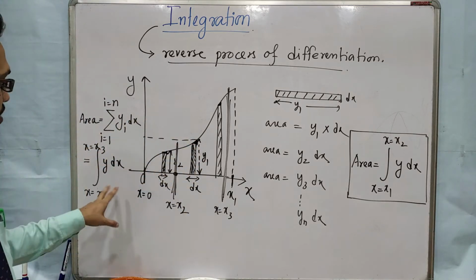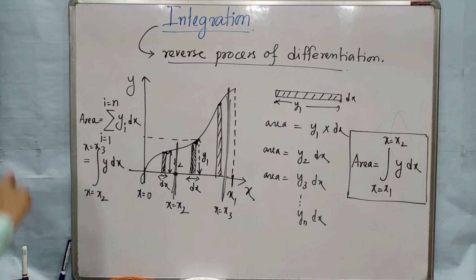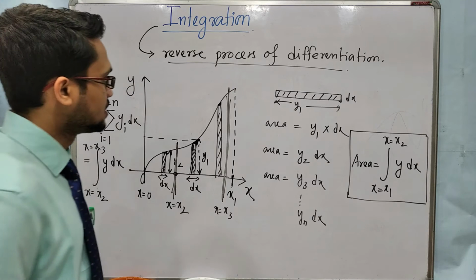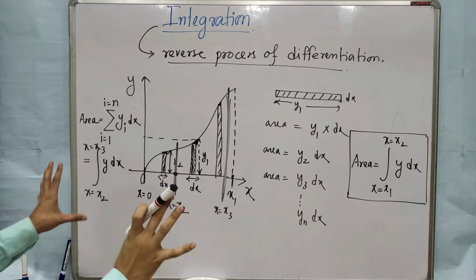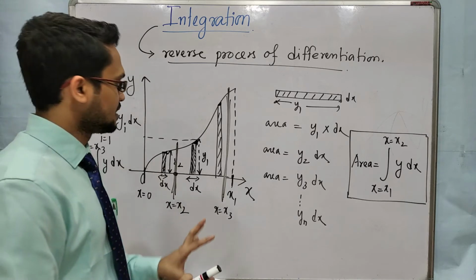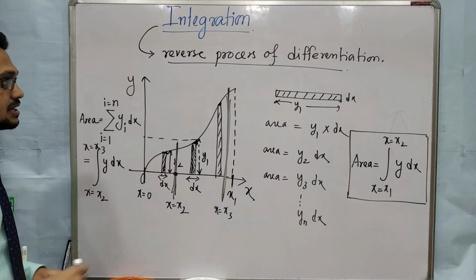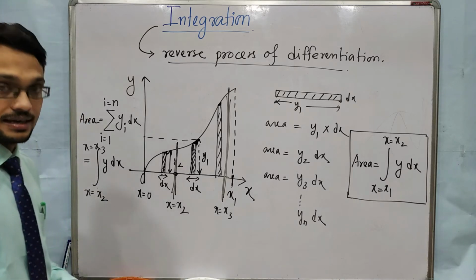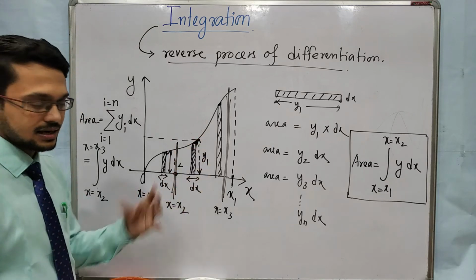For that reason we are taking the integration sign. Understand? So this is our basic part, why we have to use integration. Now I think you have understood why and where we have to use integration when we are finding the area under the curve.